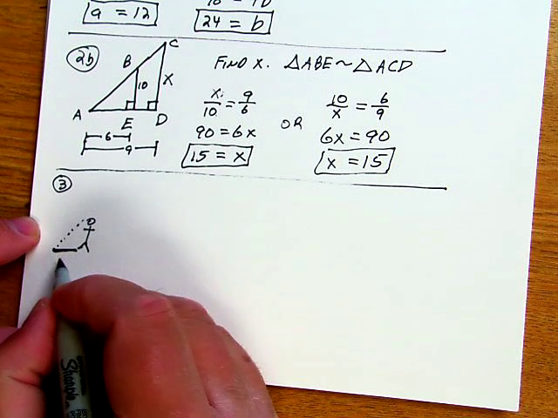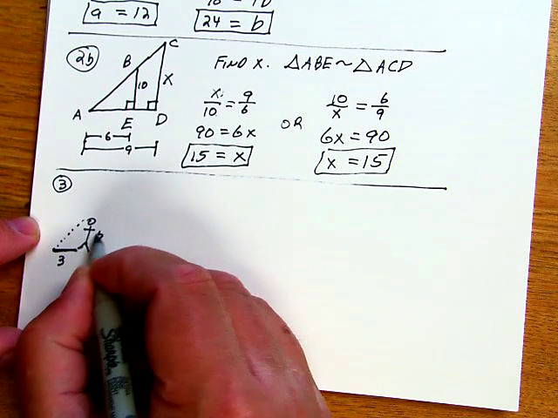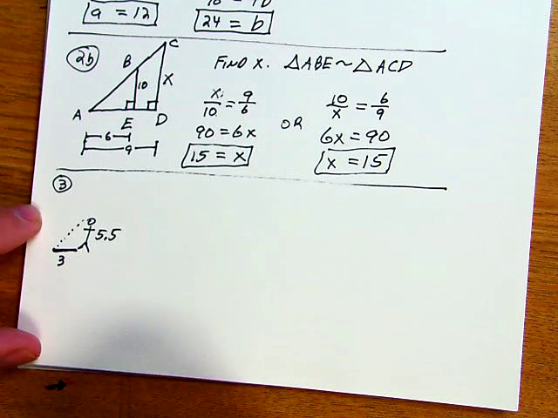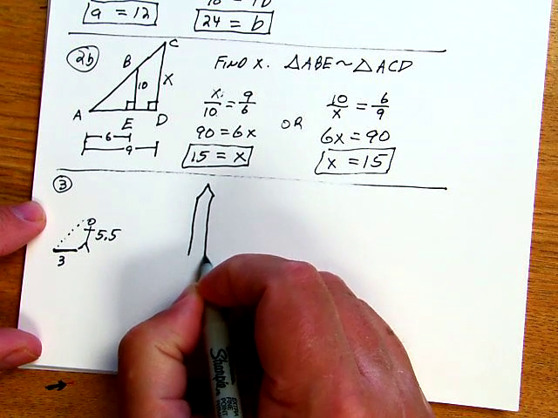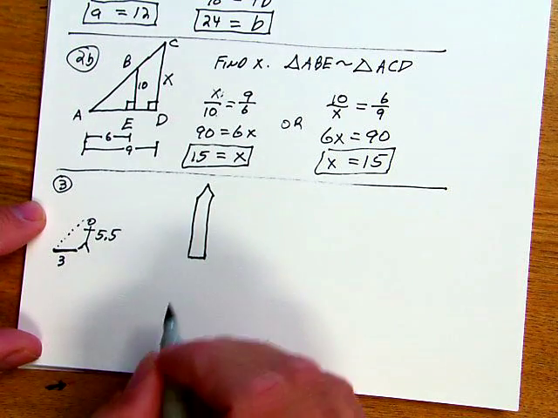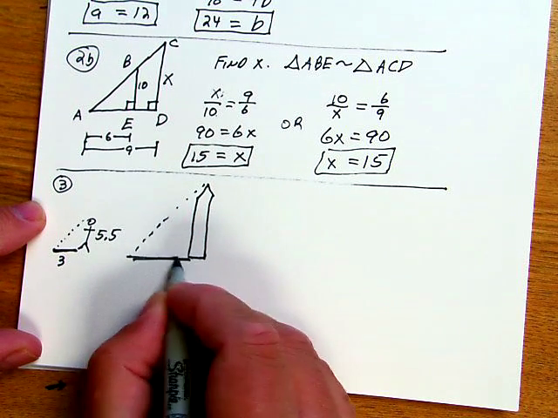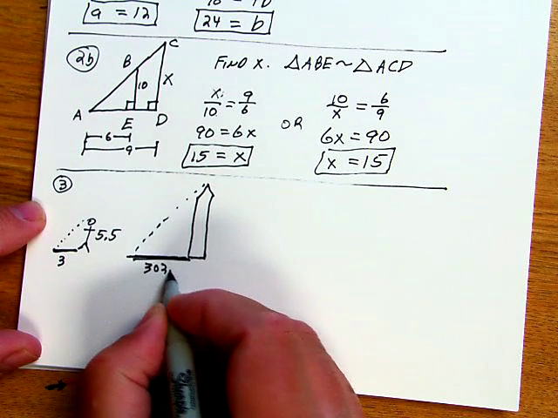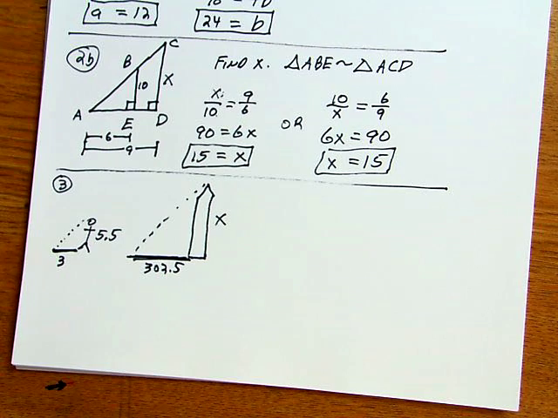Okay, and her shadow is 3 feet long, and we know that Janelle is 5.5 feet tall. There's the Washington Monument, and it is casting a shadow right there, and its shadow is 302.5 feet long. How tall is the Washington Monument?